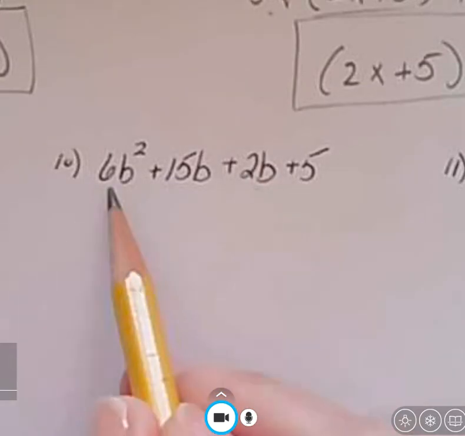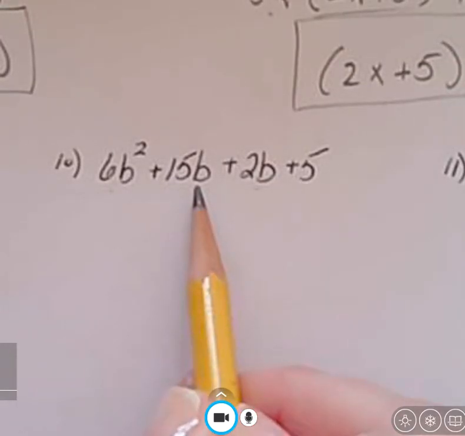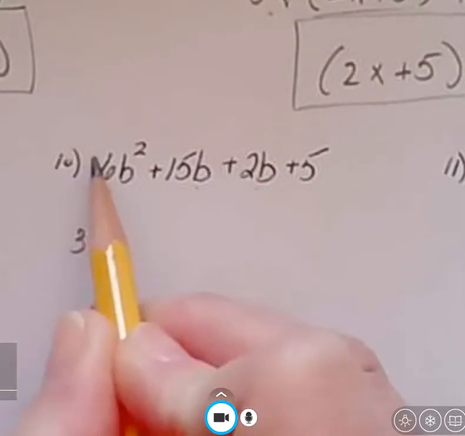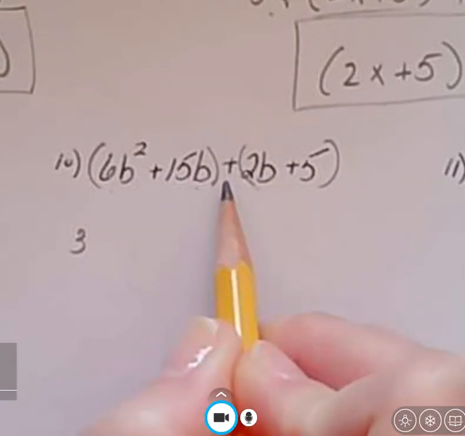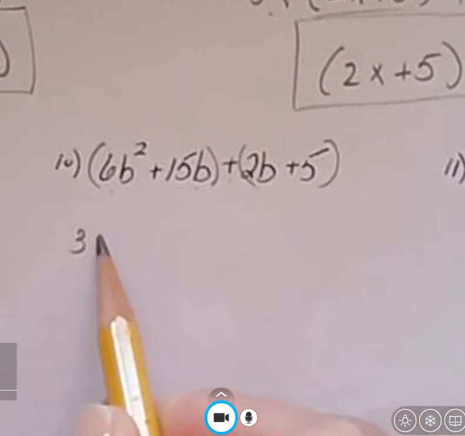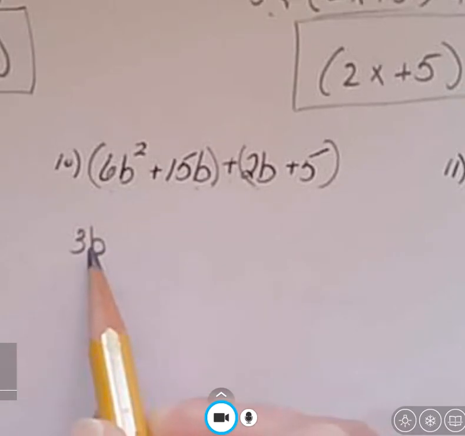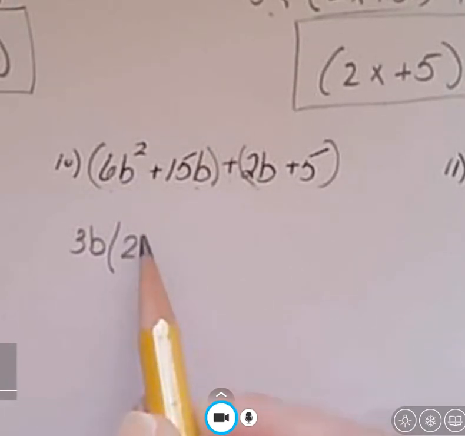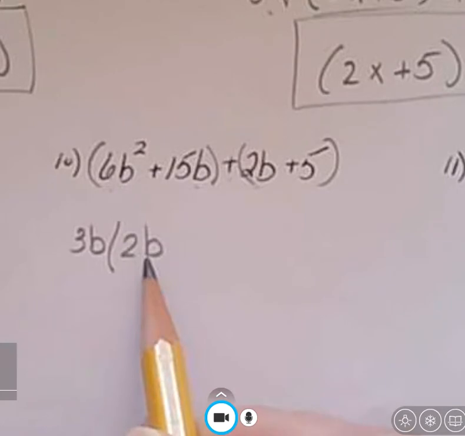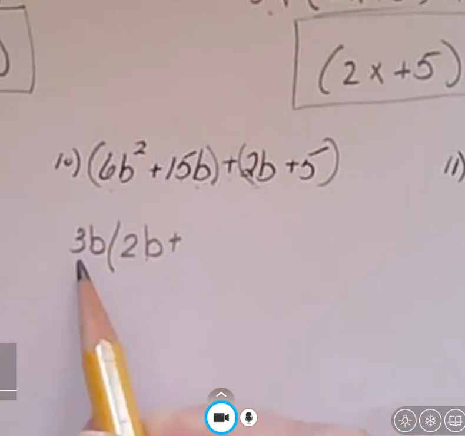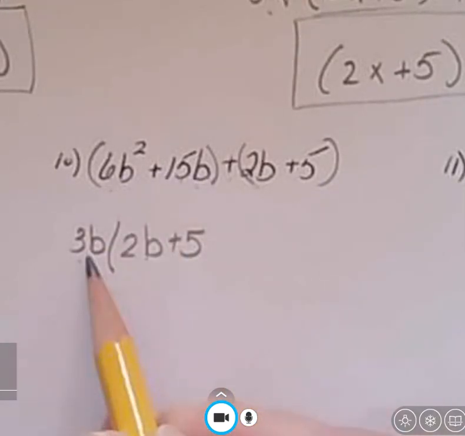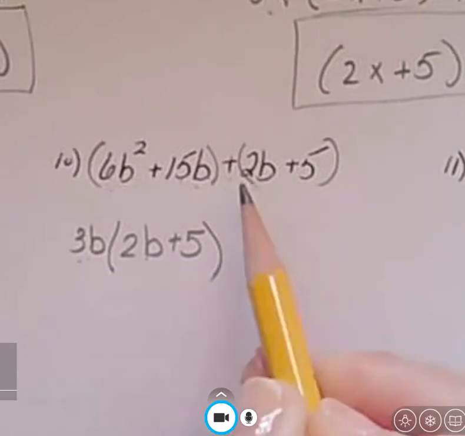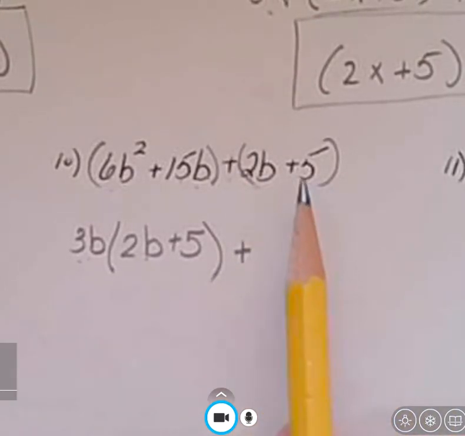So for number 10, I'm going to find something common for the first 2, which would be, let's see, I could do the parentheses, right, because that's a plus. So that's going to be a 3b that I'm factoring out. 2b plus, take out the 3, take out a b. Okay, that's good. Bring down my plus sign.